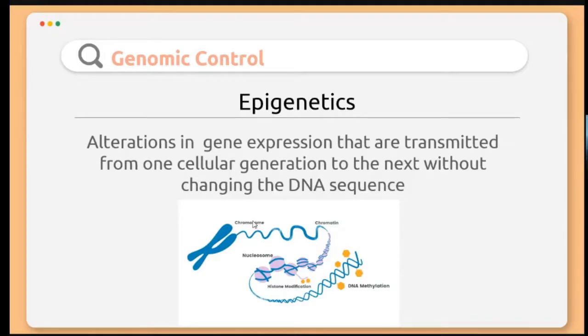So epigenetics daw, you can alter how genes are expressed kahit na hindi mo binabago yung DNA sequence na yon. Kahit di mo baguhin yung ATCG, blah, blah, blah, pwede mo daw ma-alter yung gene expression. So, paano kaya yon? And also daw, itong mga epigenetic changes na to, it can be transmitted from one cellular generation to the next.